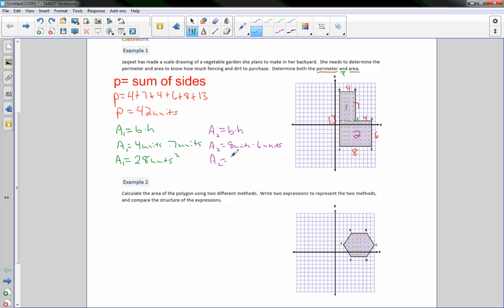And 6 times 8 is 48, and it's units squared. Okay, so I'm still not done. I have the area of one rectangle, I have the area of the second rectangle. Now I need the area total equals the area of 1 plus 2, which is 28 plus 48 units squared. So the area total is 76 units squared.